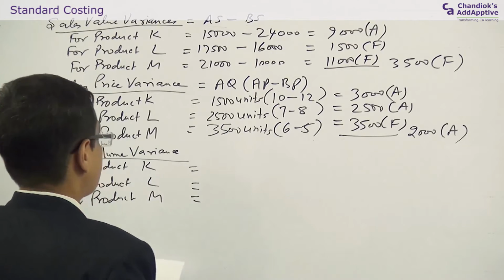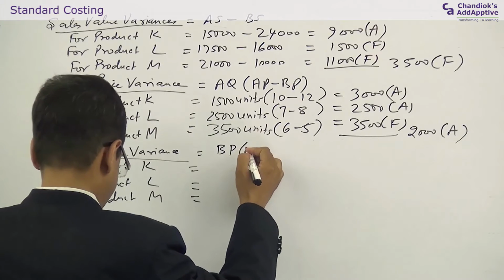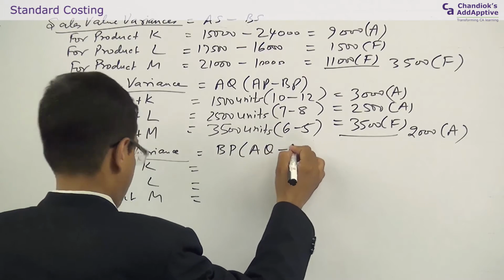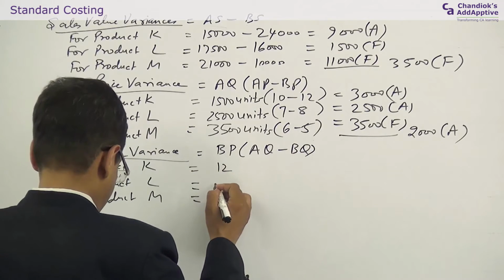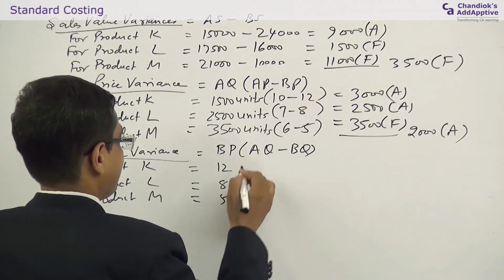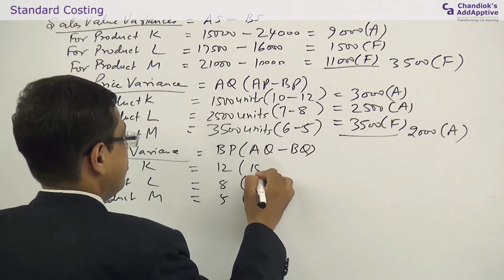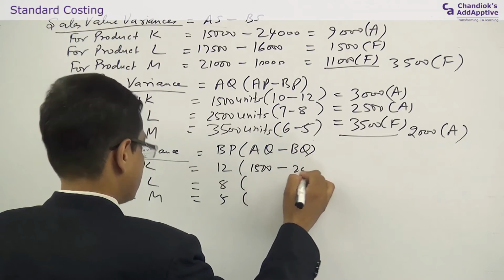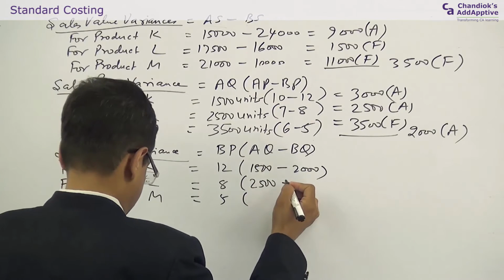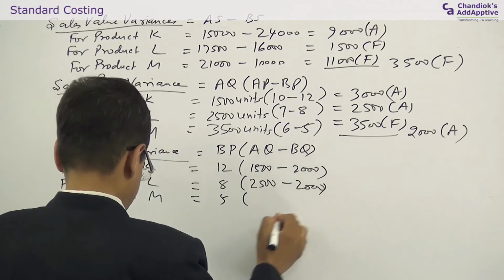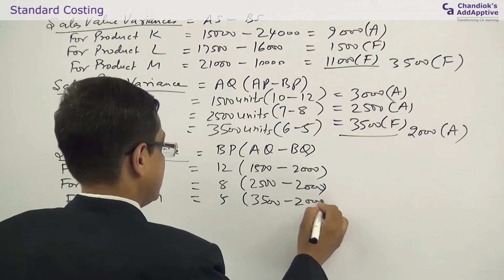Before you start the calculation, you need to have the formula: budgeted price into actual quantity minus budgeted quantity. So, rupees 12, 8, 5, these are the budgeted price. You write the corresponding quantity value, 1,500 units minus 2,000 units. Here 2,500 units minus 2,000 units, 3,500 units minus 2,000 units.